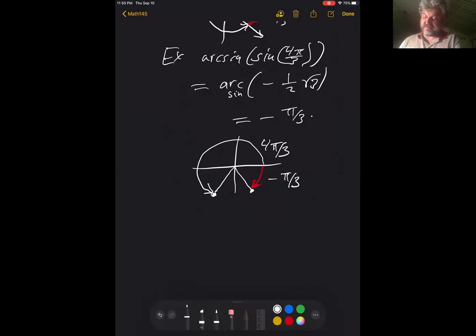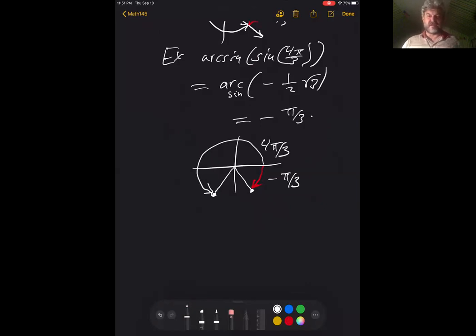Generally, if your angle is in the left half of your unit circle, you flip it about the y-axis to the right half, and then you're good. If you're already in the right half, then you get that same angle back. Except if your angle is bigger than 2 pi, then subtract 2 pi.